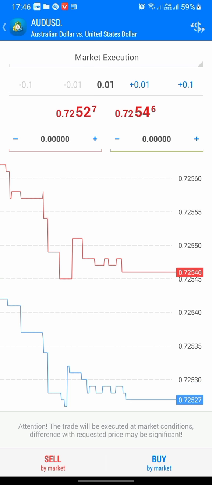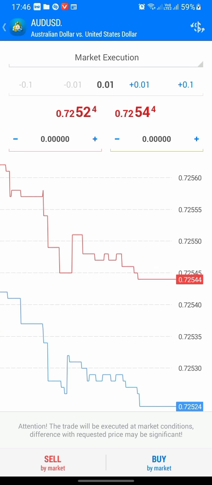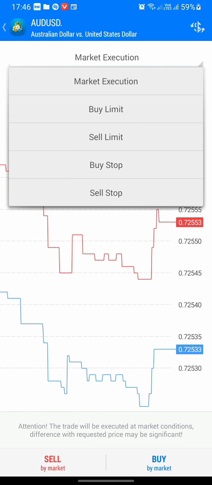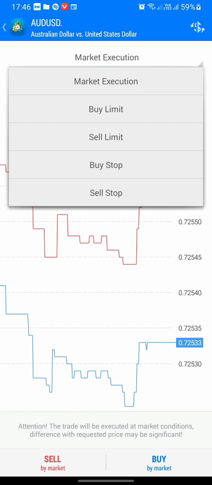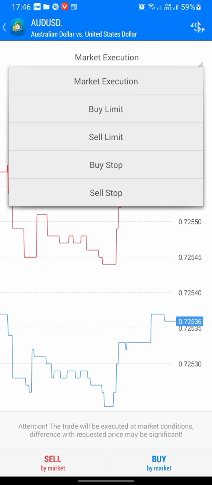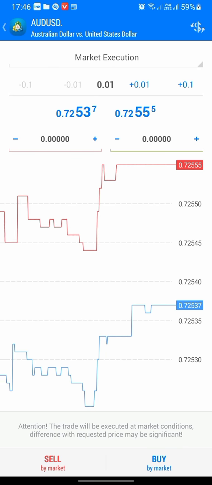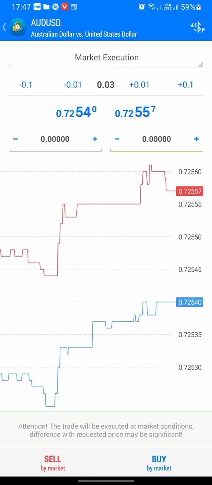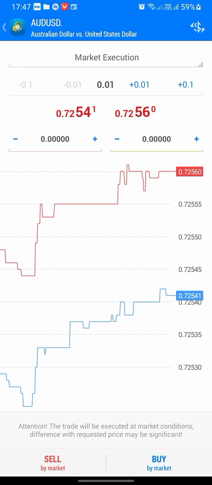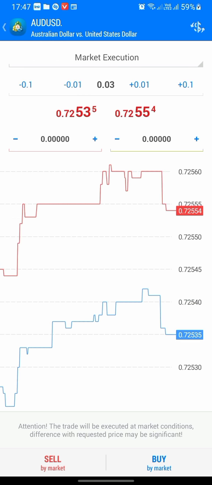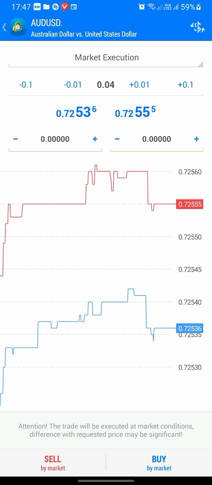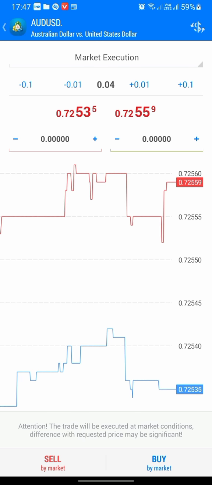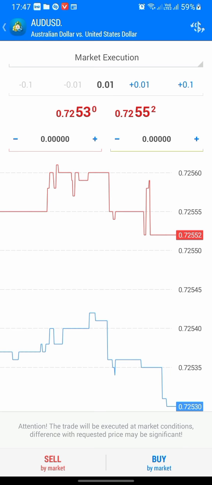You keep it on market execution, but you can also do other things like buy limit, sell limit, buy stop, and sell stop. And this is your lot size. If your account is small, you'll be using 0.01 to 0.02, 0.03. As you grow it, you'll increase your lot size, but let's stick to 0.01.